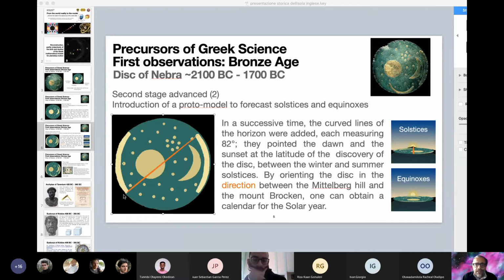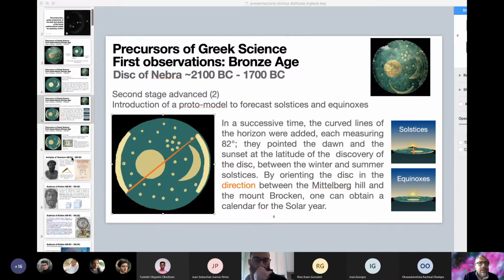Once you have oriented this orange line from one mountain to the other one, then you can predict in which day of the year you are. So in a sense, you get a computer calculating the day of the year, just checking where the sun is rising.